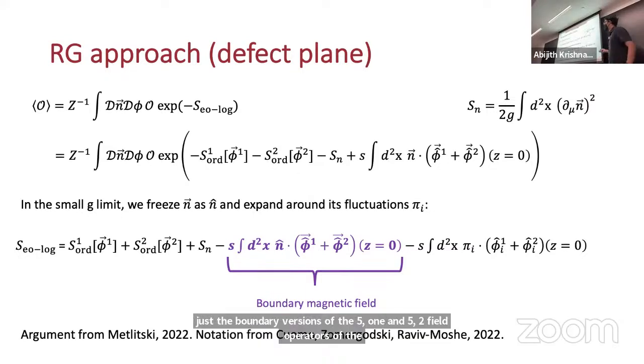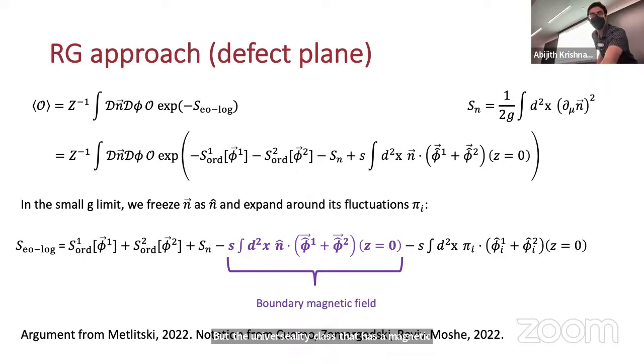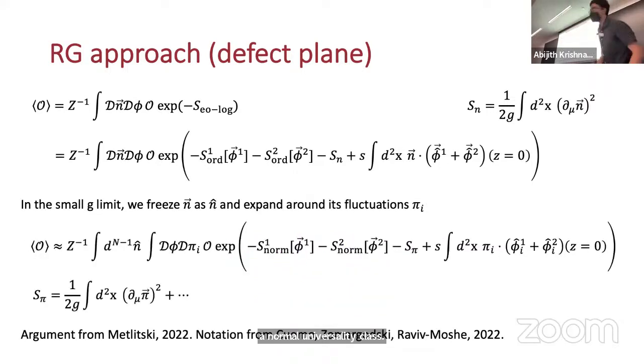But the universality class that has a magnetic field is the normal universality class. So really, we can rewrite our action as two copies of the normal universality class, S pi, which is just the nonlinear sigma model written in terms of the pi fluctuations, and then a transverse coupling between the nonlinear sigma model and the fields on the boundary of the normal universality class.